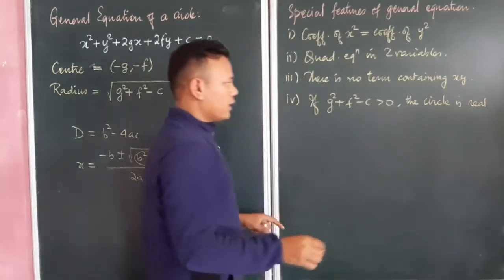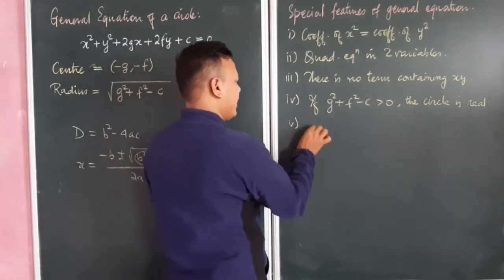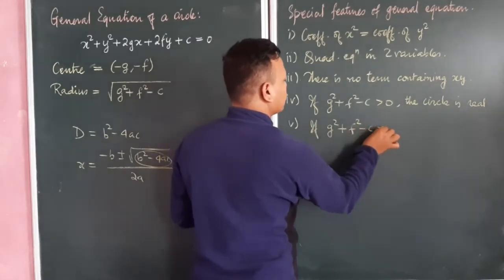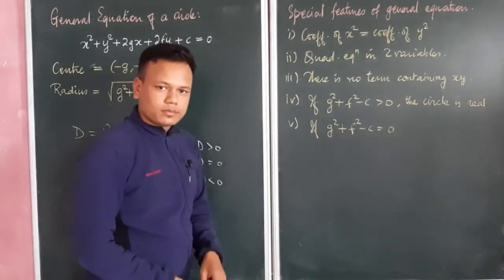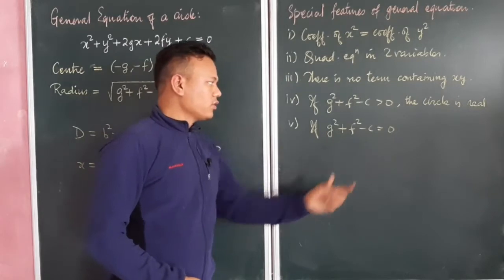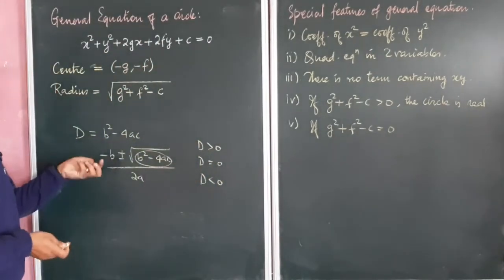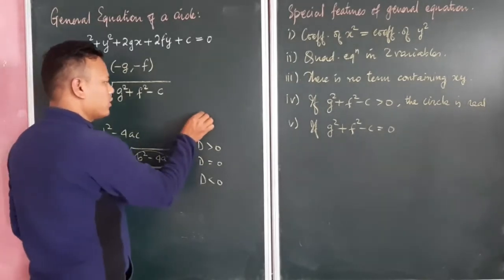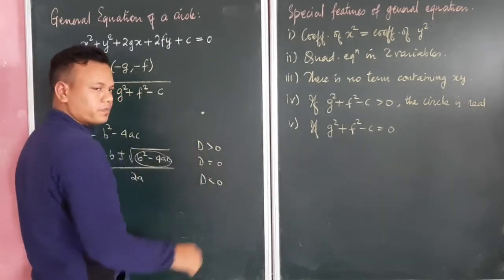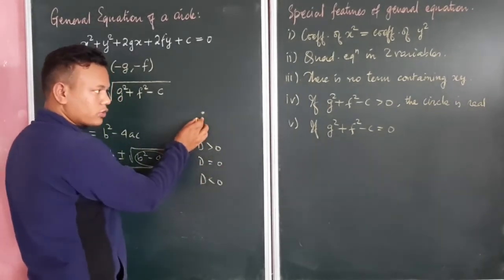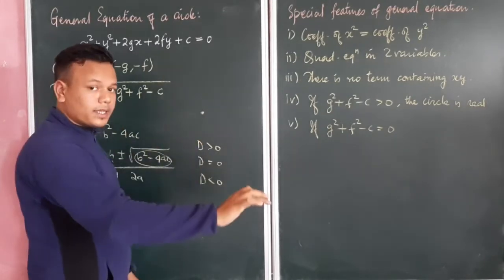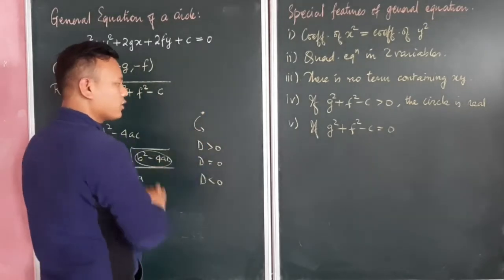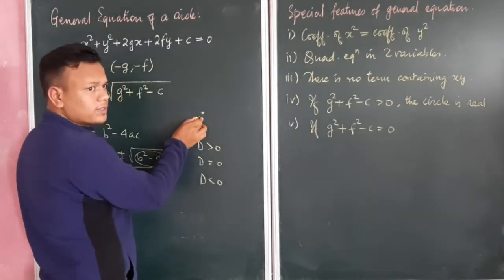Now next, if g square plus f square minus c equals to 0, if this quantity is 0, then what is the meaning of that? This means that the radius is 0, isn't it? So radius is 0 means the circle is a point circle. This is also a circle without any circumference or boundary. Only the center is there.